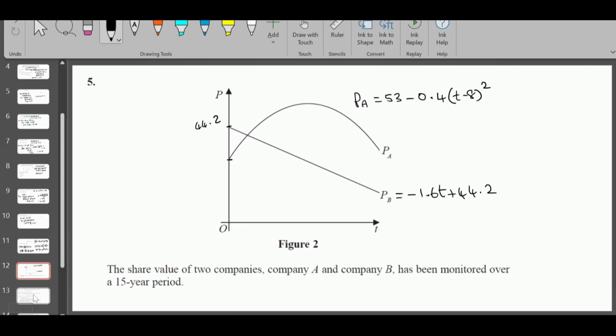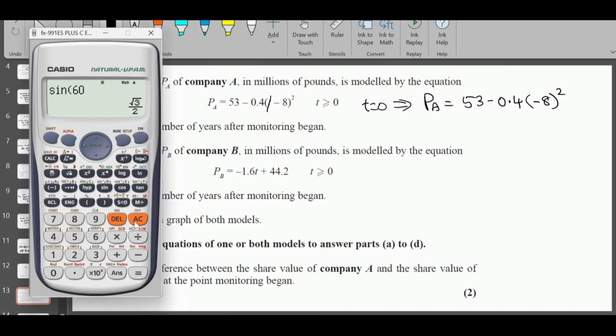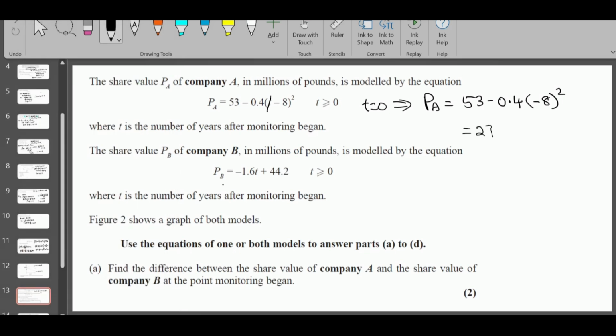So how do we find the y coordinate? We replace t by 0 here. So PA is 53 minus 0.4 times 0 minus 8 whole square, so 53 minus 0.4 times 8 square, which is 27.4.